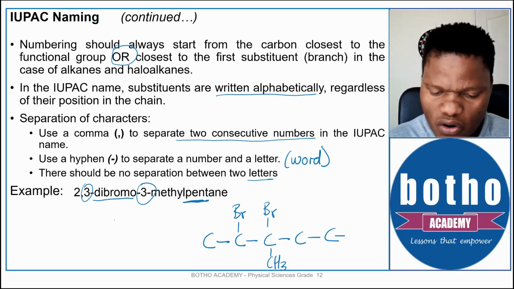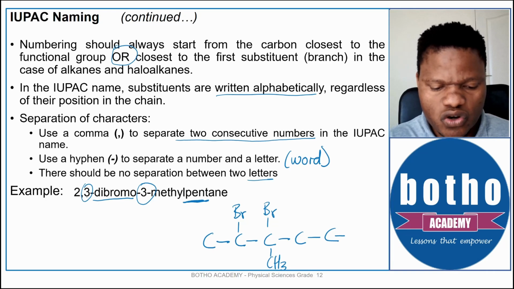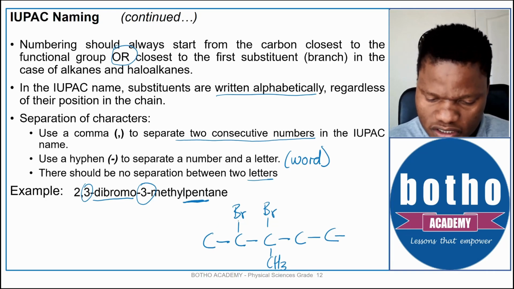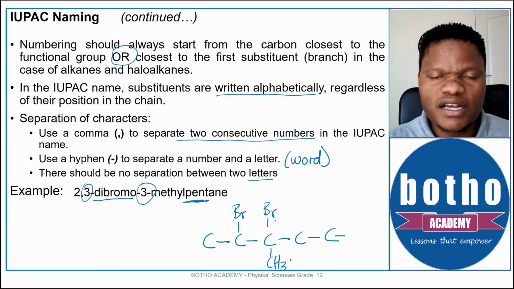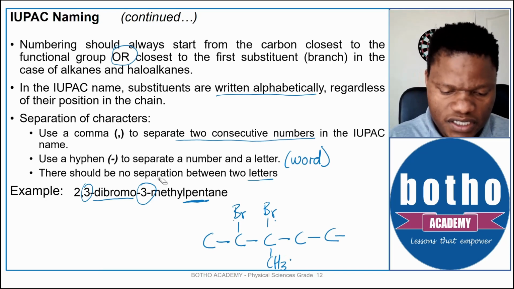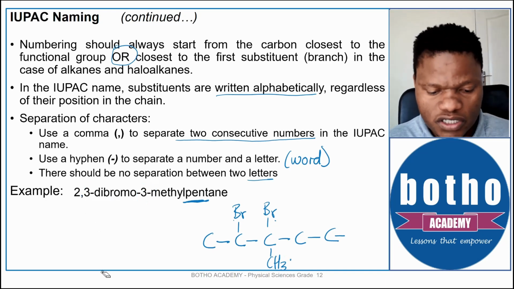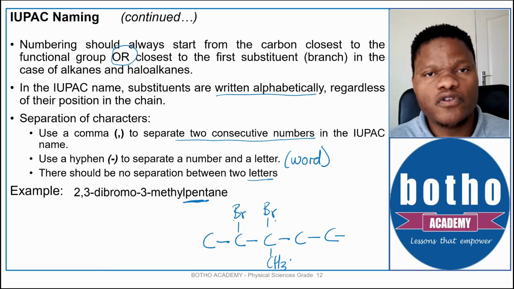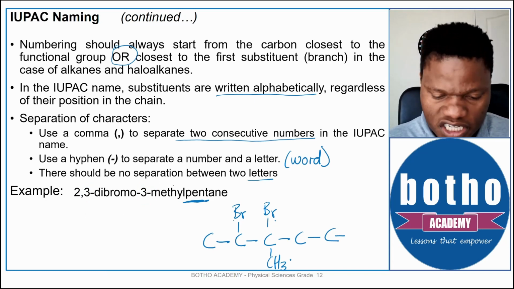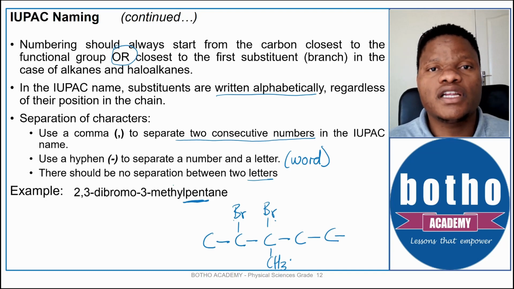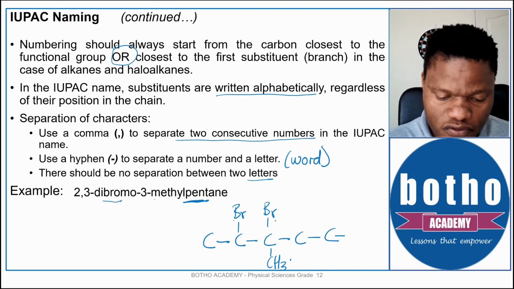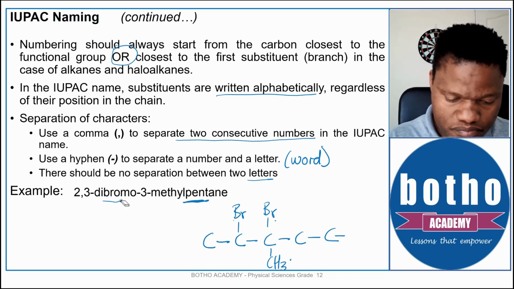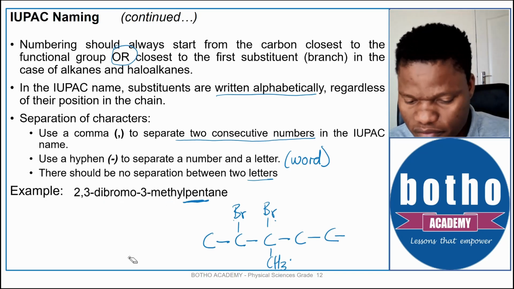Now, those are all the substituents. 2,3 dibromo, 3 methyl. Even alphabetically they follow each other in that order, because bromo, B, comes before M, hence it's bromo before the methyl.